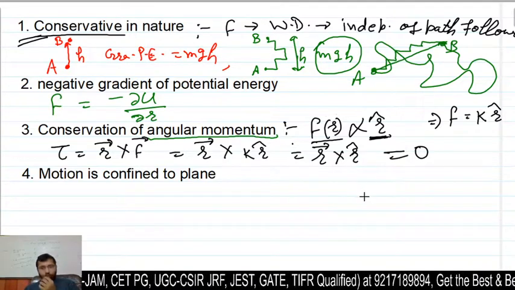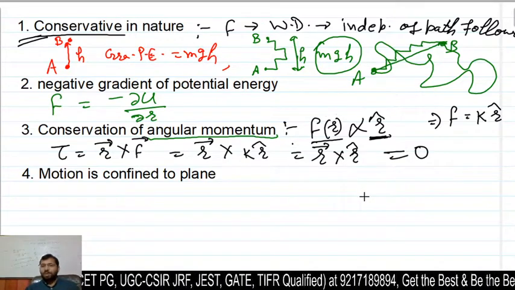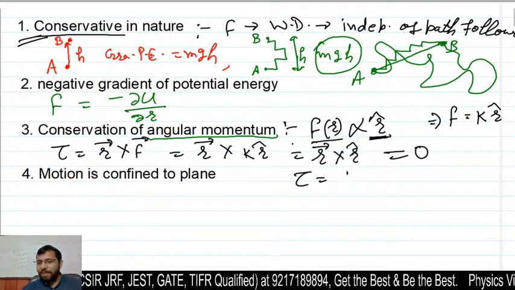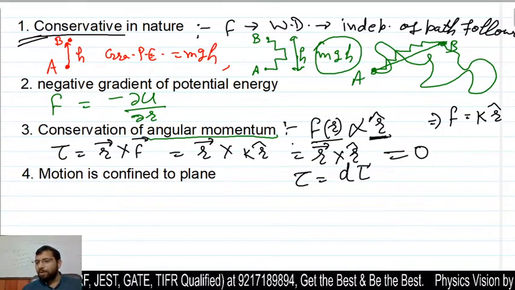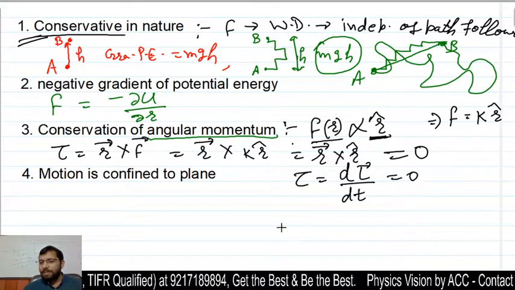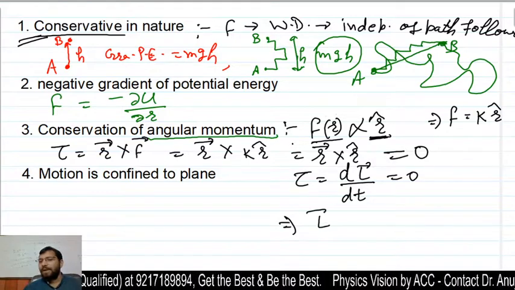And if this is 0, what can we predict? We can say the torque is 0, which can be written as dL/dt. dL/dt is 0, implies L is conserved, L is constant.